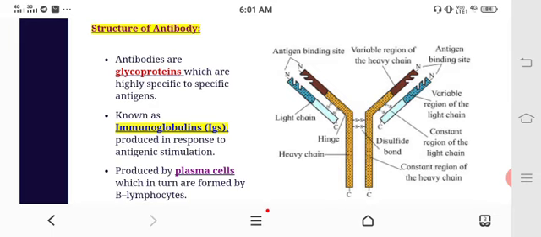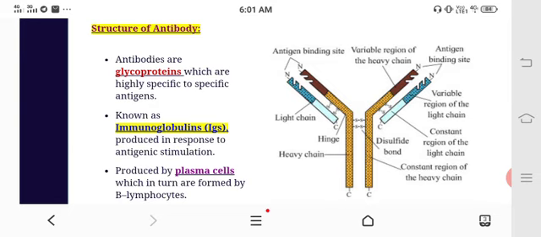There are two heavy chains, also called H chains, and two light chains, or L chains.